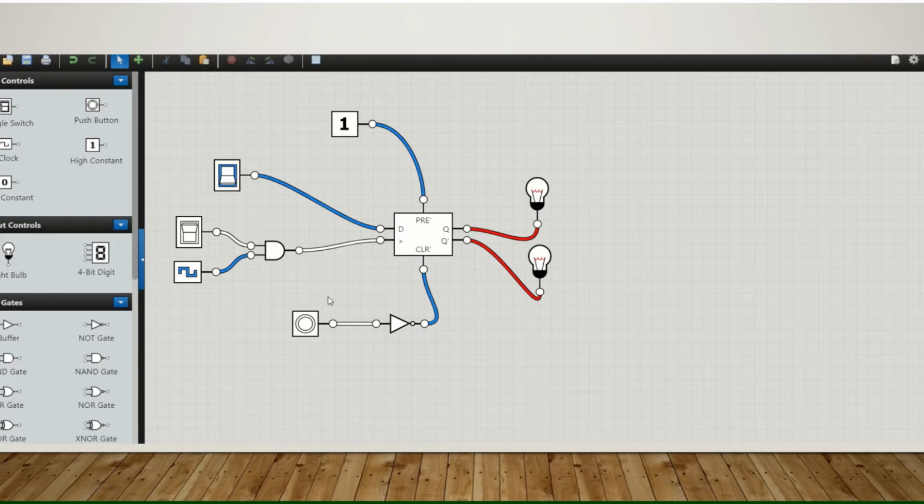We are giving the connections. Next, we are giving the inputs to check the outputs.